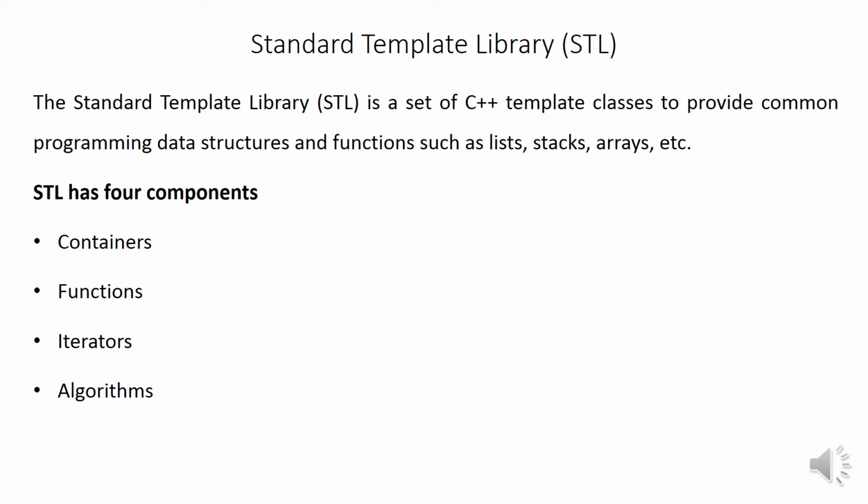Friends, we already saw what is a function. Today, from the next slide, we will see what is a container, what are the different types of containers, and how iterators will be used for our programming purpose.